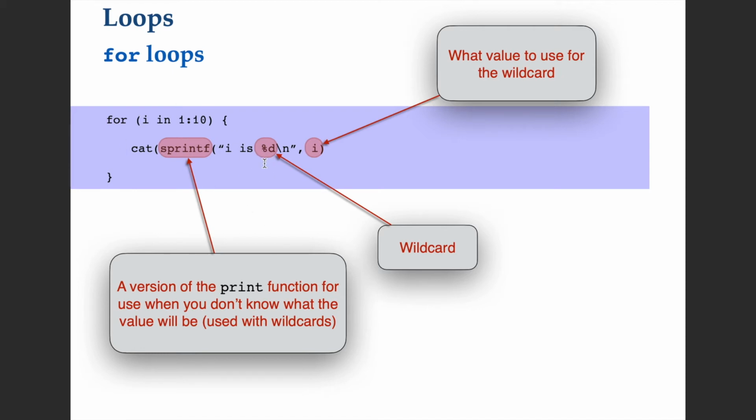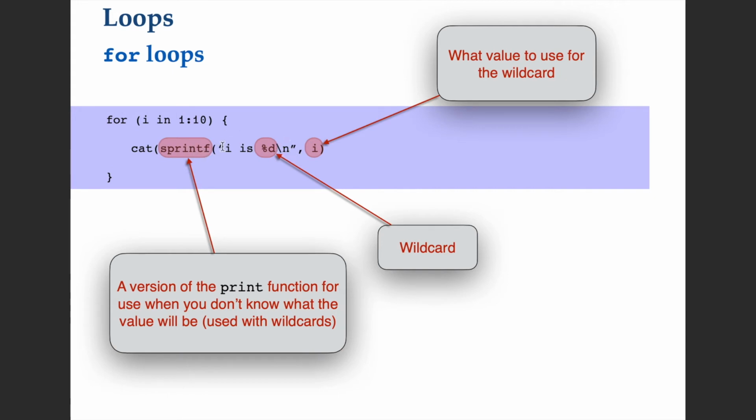So because it's going to change, I have to use what's called a wildcard here. And again, this is kind of advanced, so if you don't follow this, that's fine. But there are different symbols that you use for different types of wildcards. So i is just going to be 1 through 10, which is an integer. So %d is the wildcard that you use when a value is going to be an integer. And then the \n is a new line.